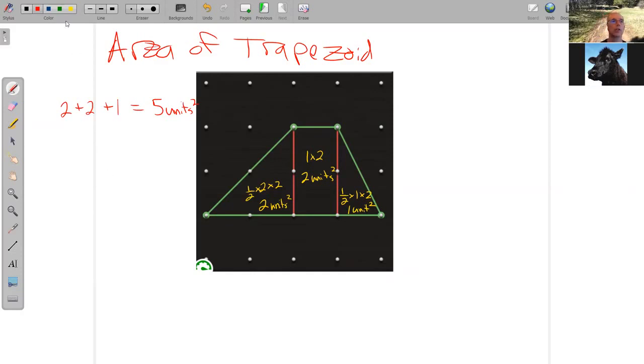Now, for sure, based on the idea of a rectangle, which all of our areas are based on, because we have square units, an area unit is measured in terms of this square right here. That's 1 square unit, which has a base and a height. So we have to identify something that's called a base, and we have to identify something that's called a height. And these two things have to be perpendicular.